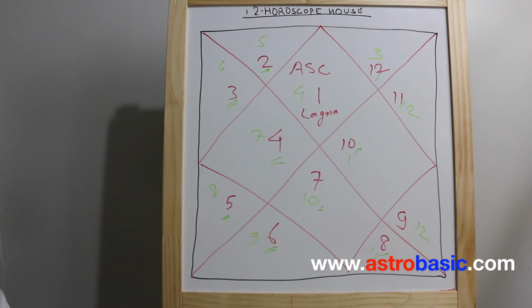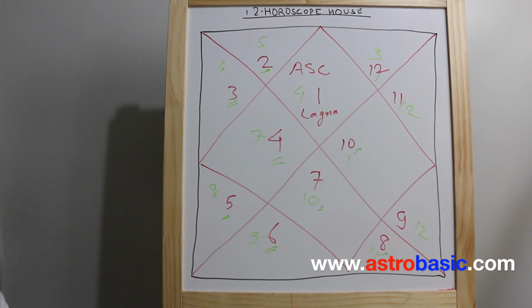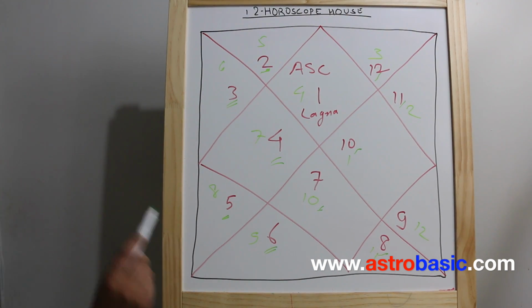But from a spiritual perspective, the 12th house is very important because it is telling you about the unknown. On that unknown world, those things can be seen from the 12th house. So in this way you will see each house represents some part of life.